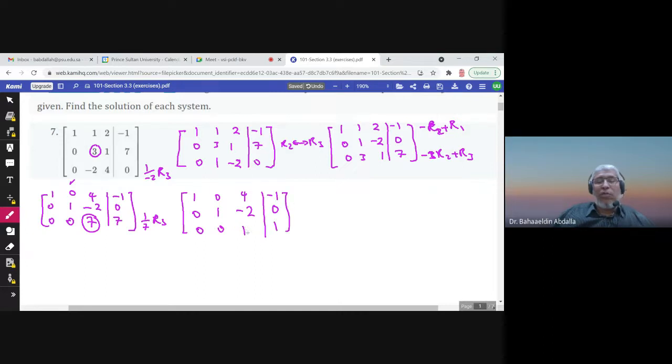And now I need to use this one to make these two numbers zeros. If this is 4, you multiply row 3 by -4.